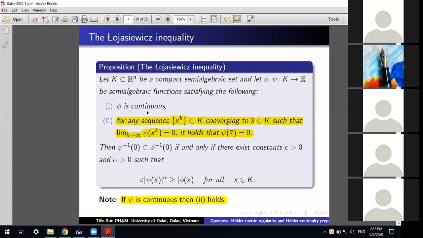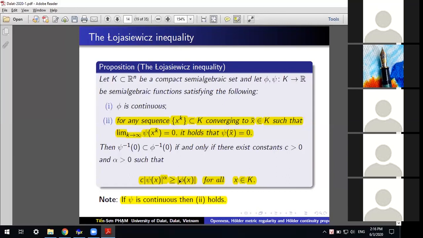Then, with the two conditions satisfied, we have the following: the zero set of c is a subset of the zero set of phi if and only if the Łojasiewicz inequality is satisfied. This just means the inequality holds for any s belonging to K, for some constant C and some power alpha. We can see that if on the left-hand side c(s) equals 0, then phi is equal to 0.